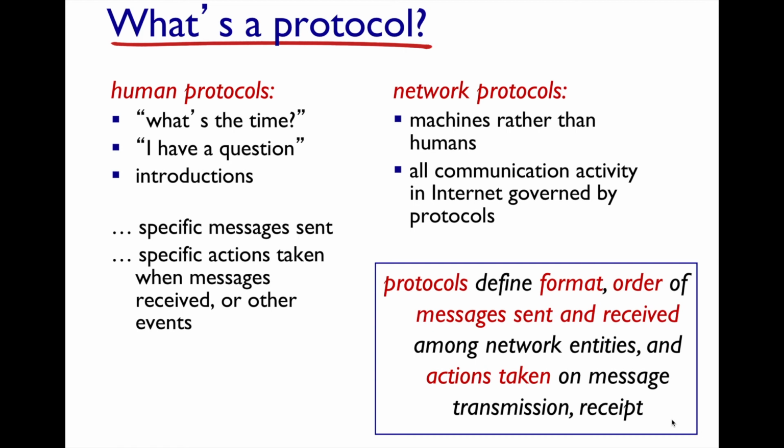Now with a network protocol, of course, you have two communicating machines instead of people. It could be a computer, an embedded system, or what have you. A protocol defines the format, the order of the messages, the content of the messages, what message is sent, what is received among entities across a network, and the actions that are taken when you receive certain values in these messages.